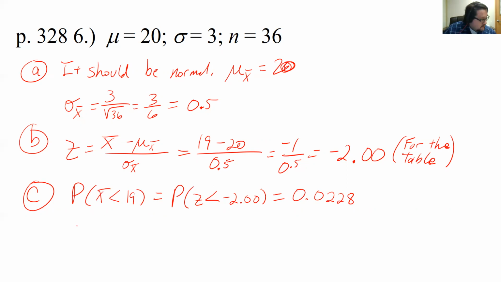All right, D, would it be unusual for a random sample of size 36 from a X distribution to have a sample mean less than 19? Yes. Yeah, I would say it'd be unusual. Only a 2.28% chance that would happen.